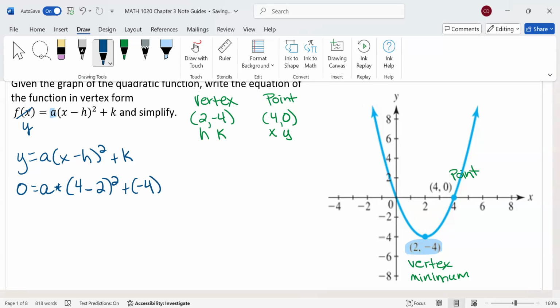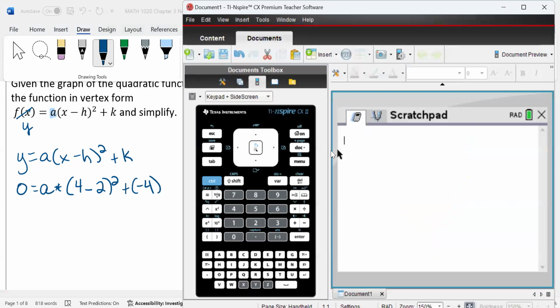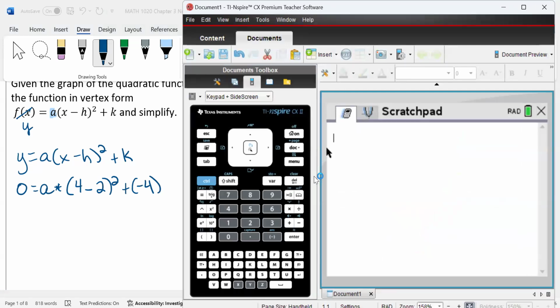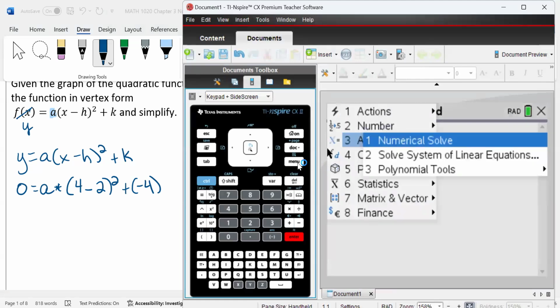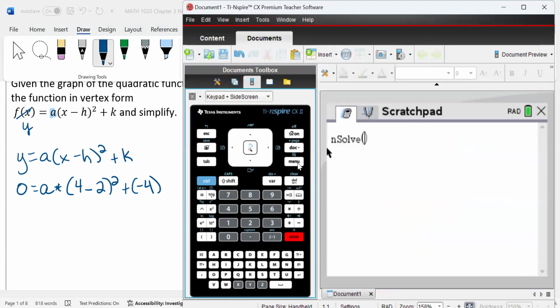I'm going to pull the calculator up for this. Let me make it a little bit smaller. And I need to find A, and we're just going to make it a little bit easy. We're just going to use numerical solve. So menu, algebra, numerical solve.